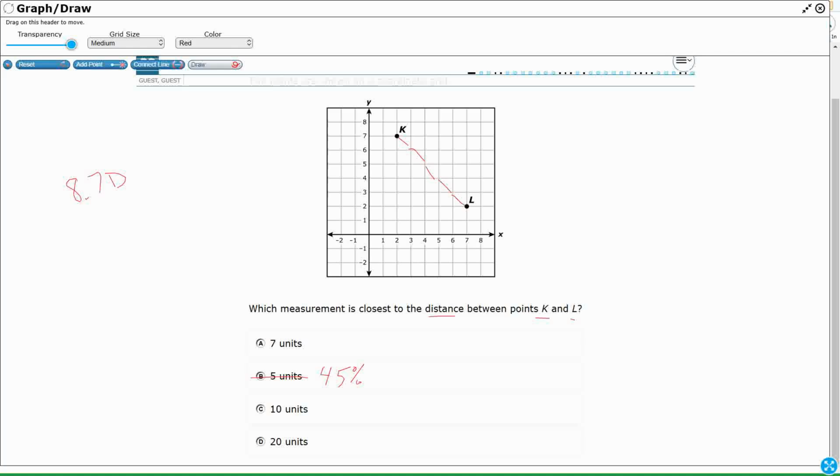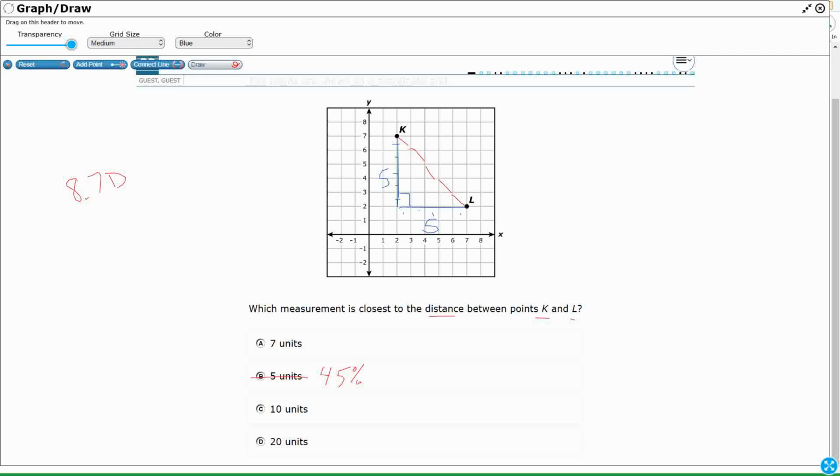What we need to do is we need to view this as a right triangle. So if I draw an imaginary line there, look what I've got. I have a right triangle. And I can say that this leg is 1, 2, 3, 4, 5. And this leg is 1, 2, 3, 4, 5. Now, it's not going to work if that hypotenuse is 5.